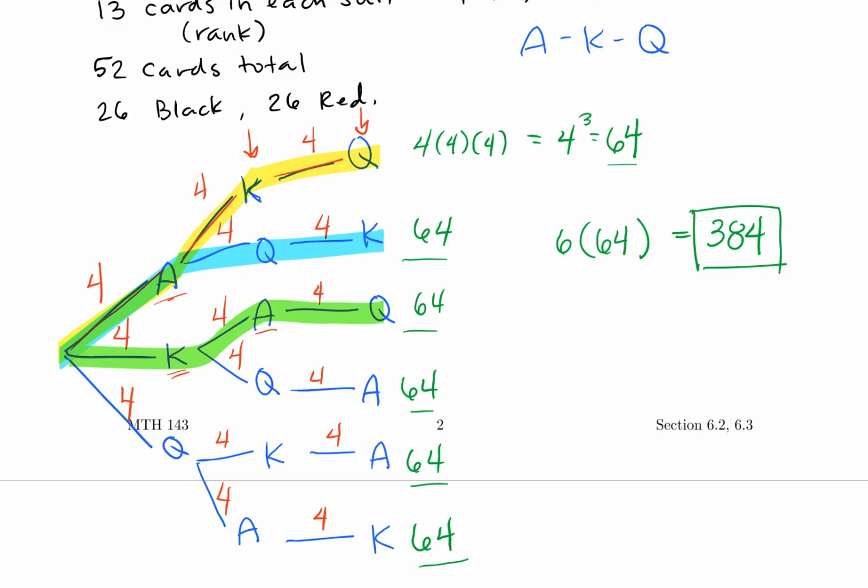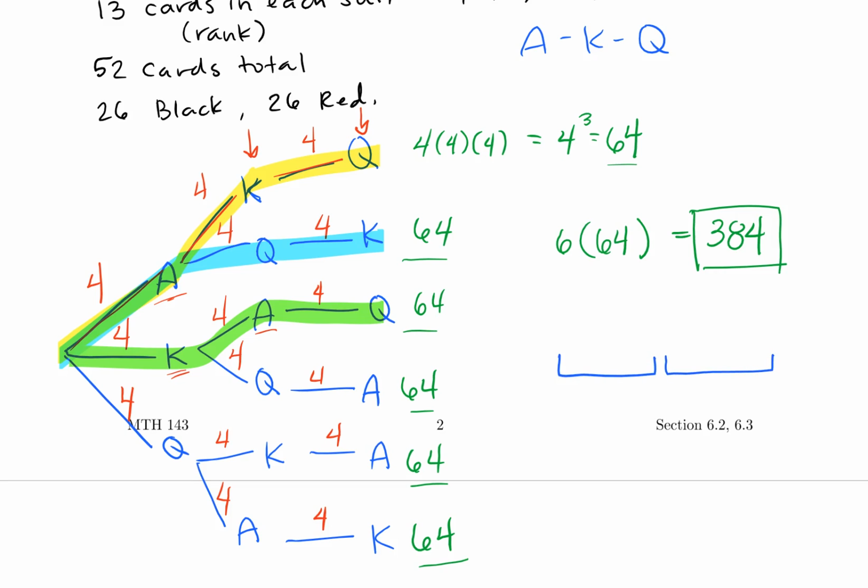Now, this is not the only way that we could count this problem. We could alternatively think of this, instead of looking at which card specifically we drew, ace, king, or queen, we could look at how many cards could I draw and still have an appropriate hand. So let's think of this how we did the previous problem.